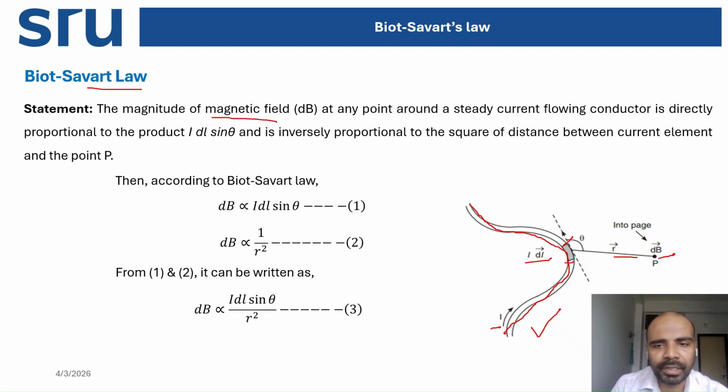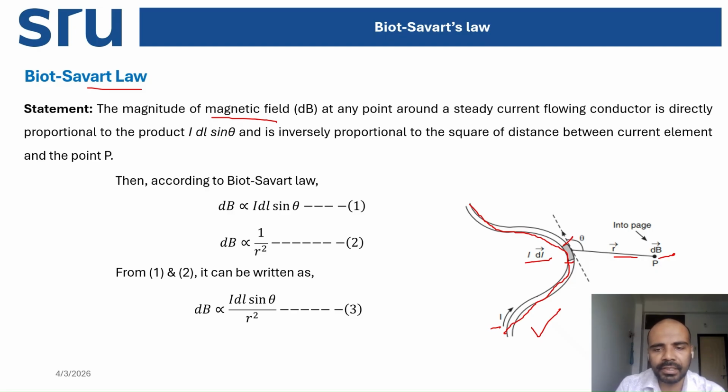The magnetic field B is also called magnetic flux density or magnetic induction, right? So what is the magnitude of the magnetic field or magnetic flux density at the point P due to this small current element I dl, which is a small portion of this current carrying wire carrying a steady current I?